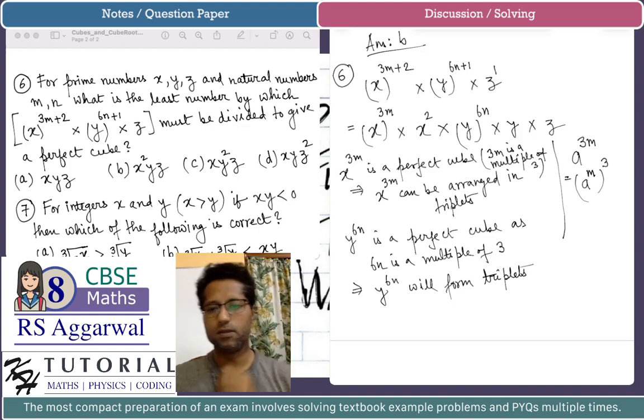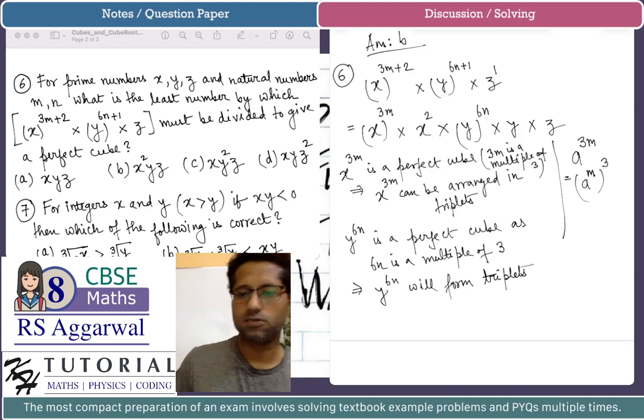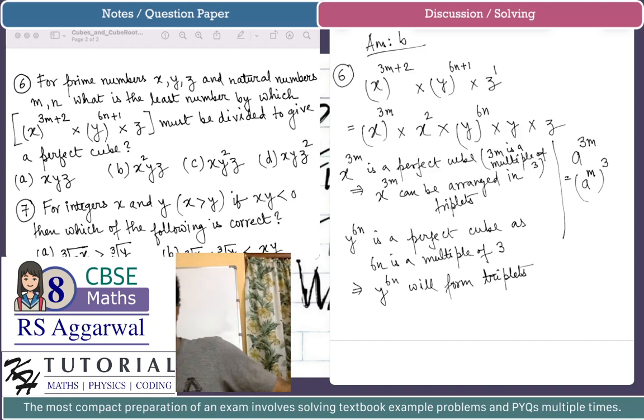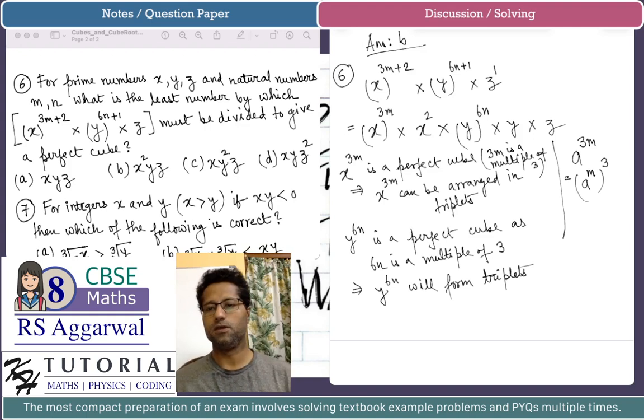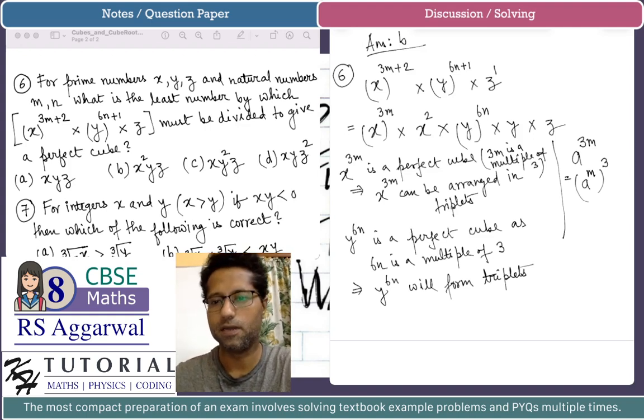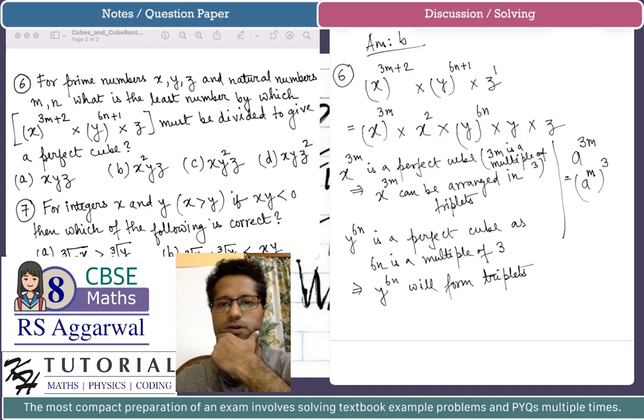That is, all the factors of y to the power 6n means y multiplied 6n times, and since 6n is a multiple of 3, all these y's can be arranged as triplets. So the only factors left behind which are not part of the triplet will be x square, y and z.